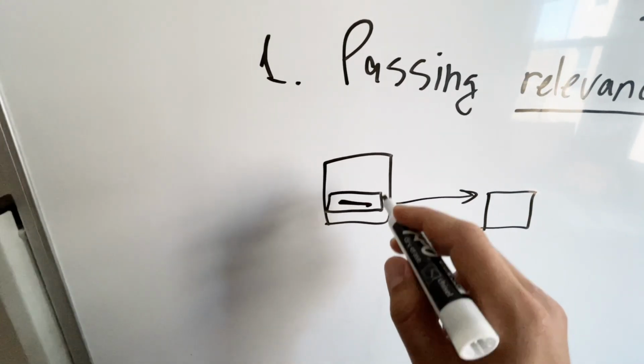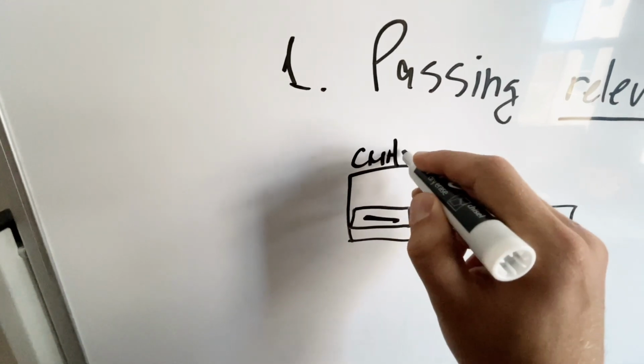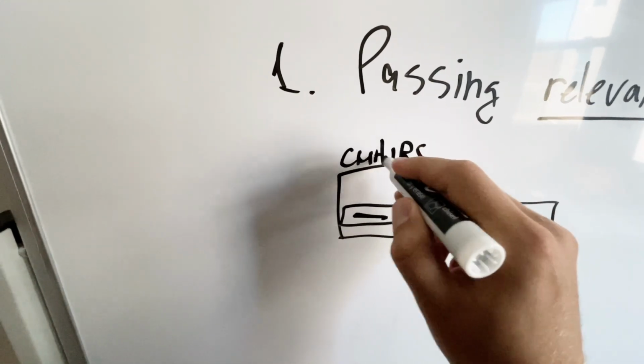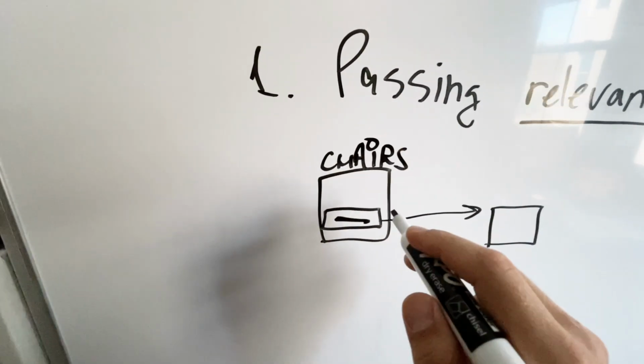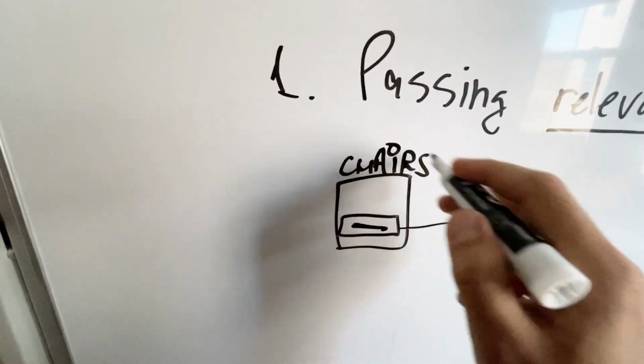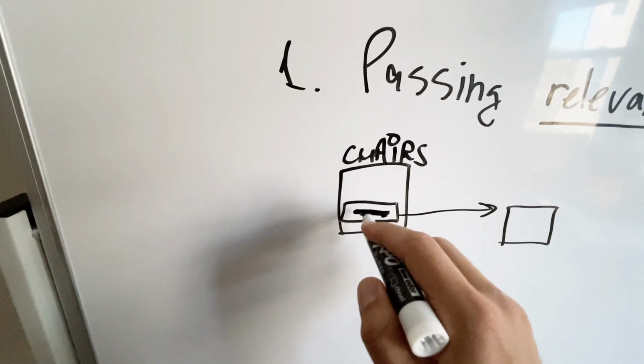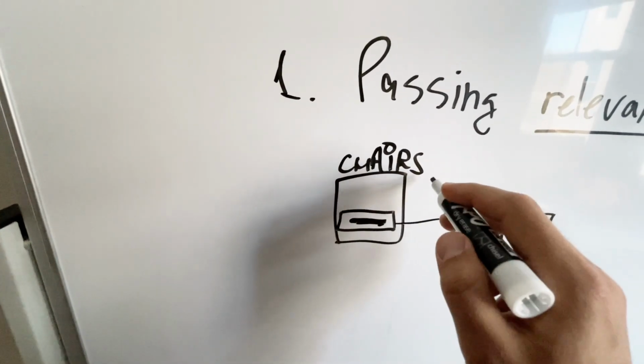And another thing is that if there's a main context here like chairs, let's say, chairs is the main topic, the main context of this web page, then this internal link has to be somewhat related to chairs, right?